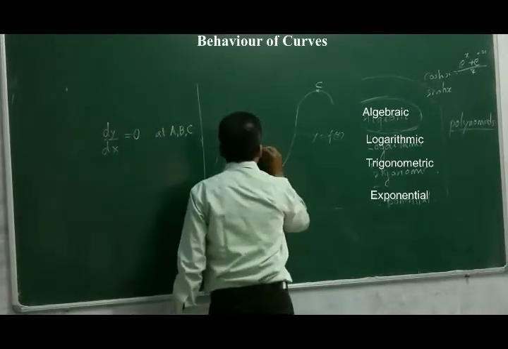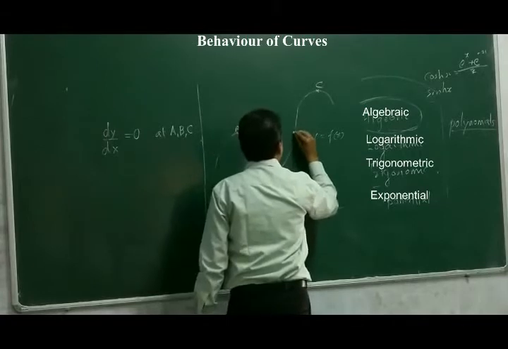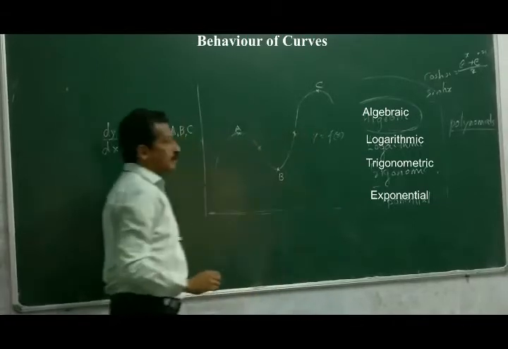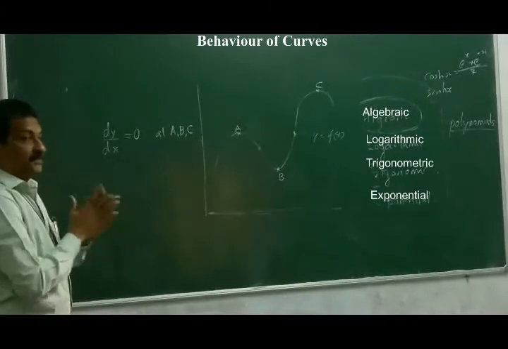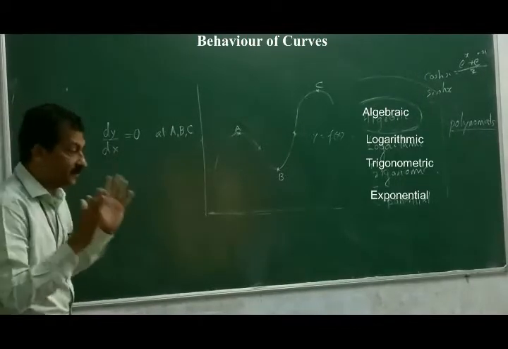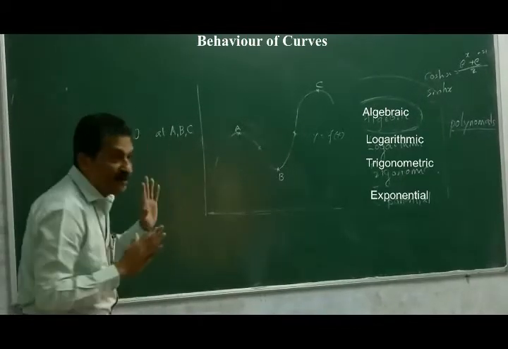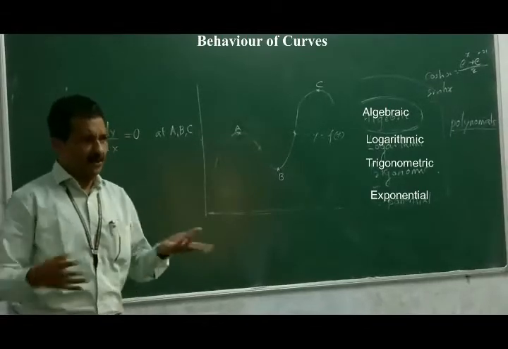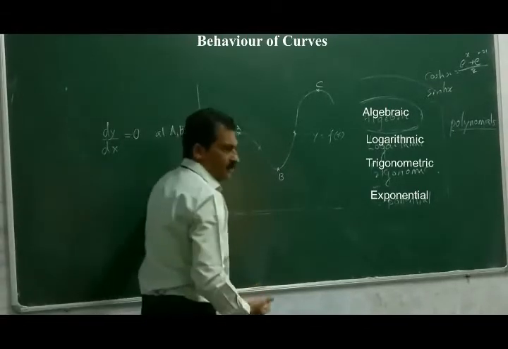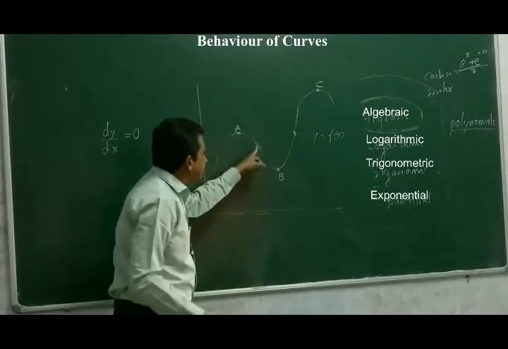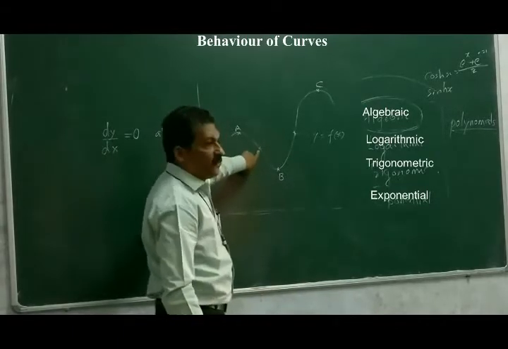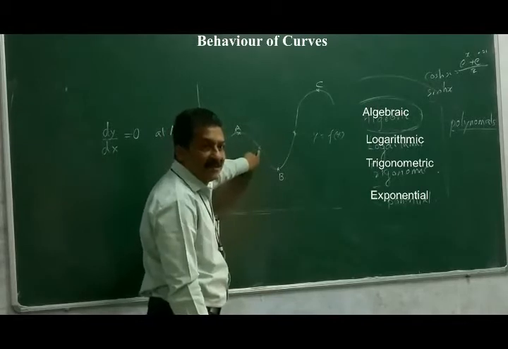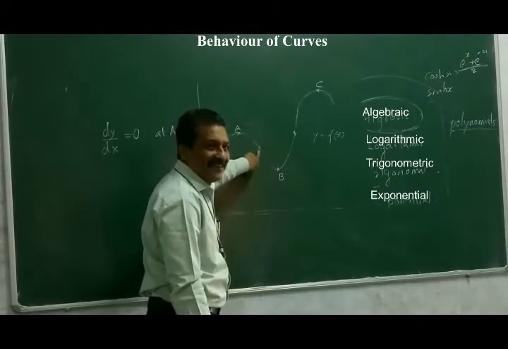What's the importance of this point and this point? Negative and positive. Inflection. Now, I hope dy by dx need not be explained. All of you know what is dy by dx. So here dy by dx is a negative slope.